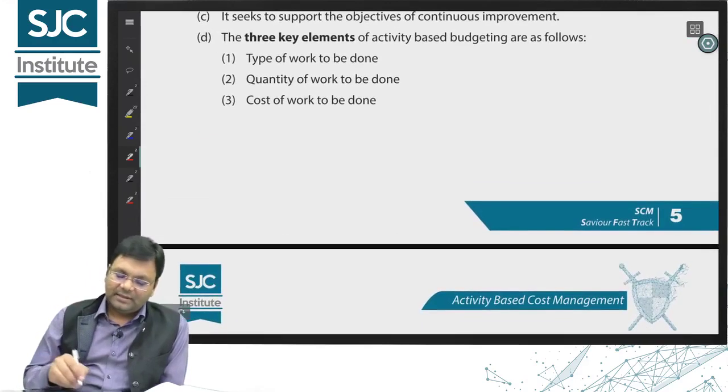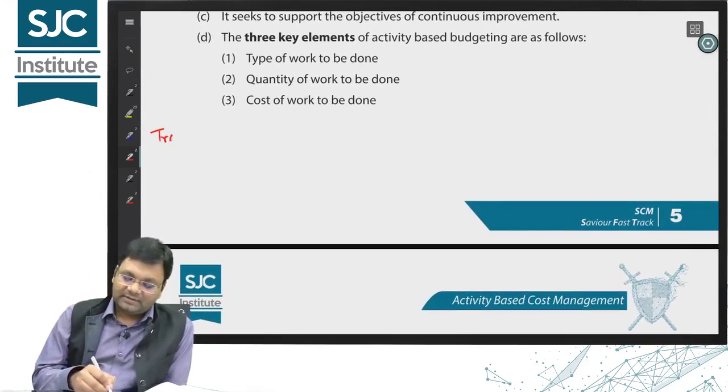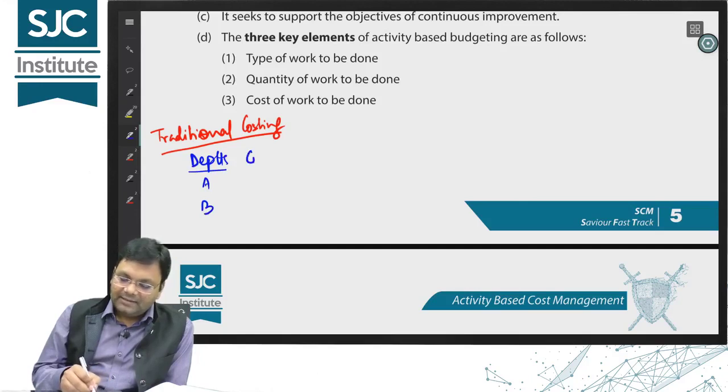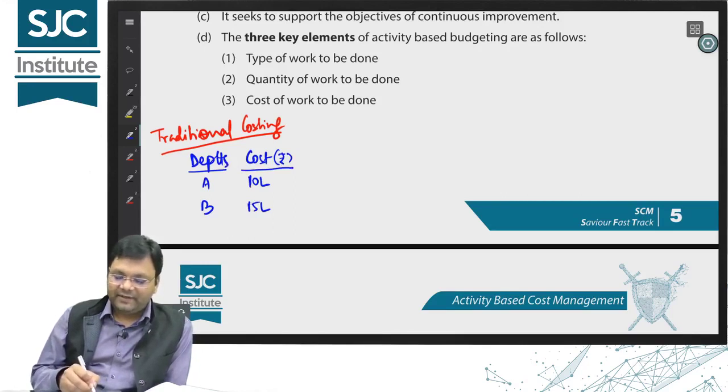Activity based budgeting is what? First, let us talk about what happens under the traditional system. Under the traditional costing system, you have departments, say departments A and B, and then there are costs of departments, say 10 lakh and 15 lakh.